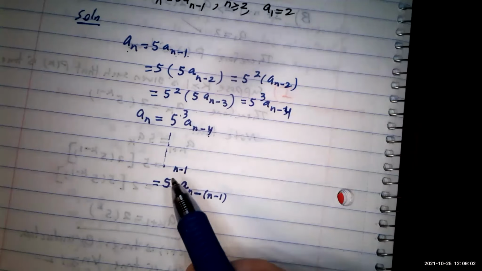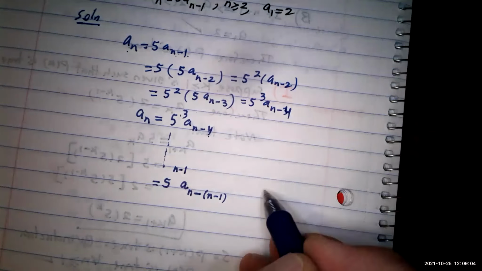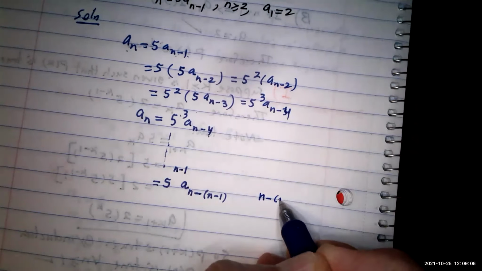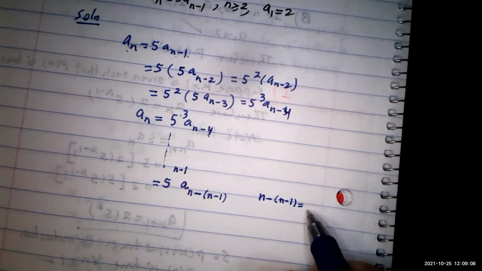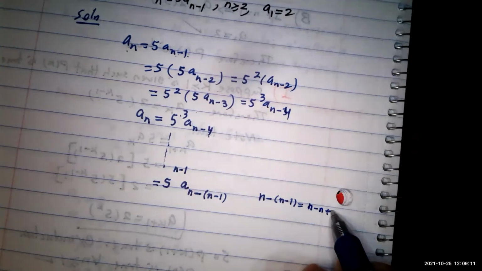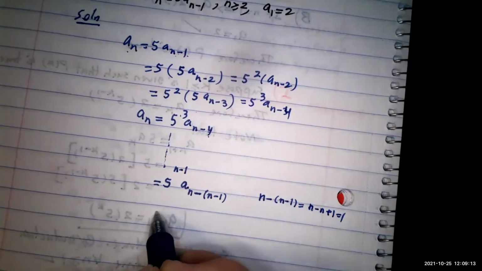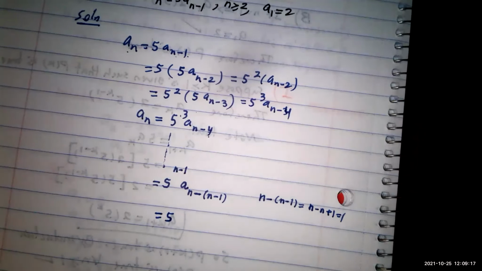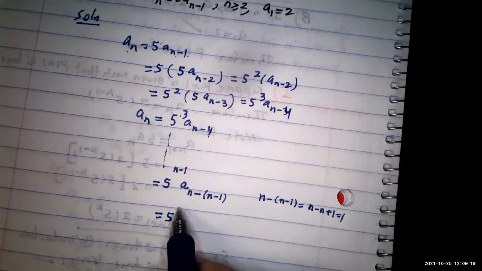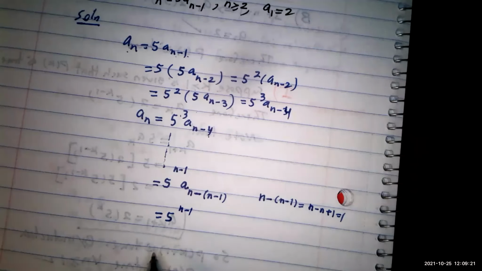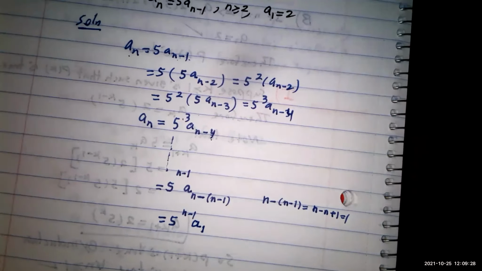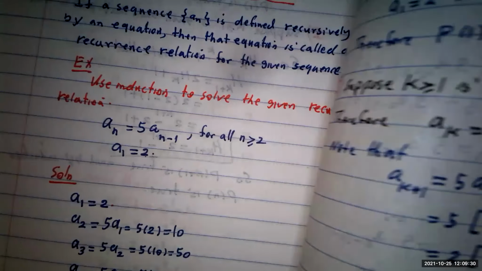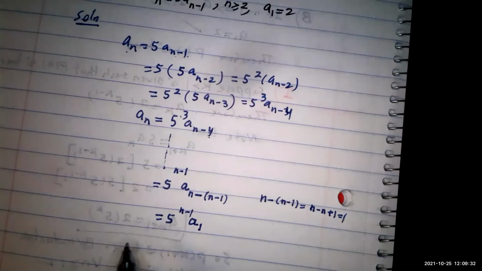If you have n minus 1, it gives you n minus n plus 1, which is 1. So that takes you to 5 to the n minus 1, which is going to be times a1. But a1 was equal to 2.